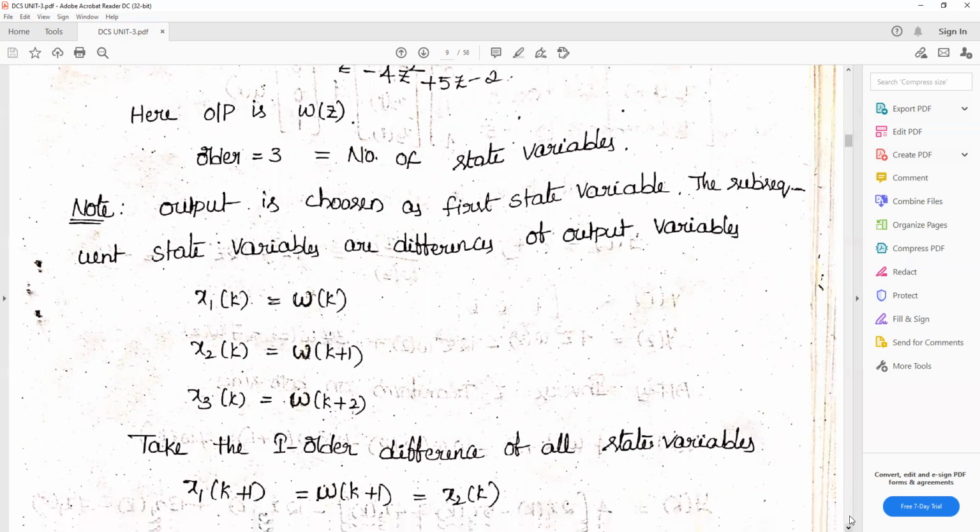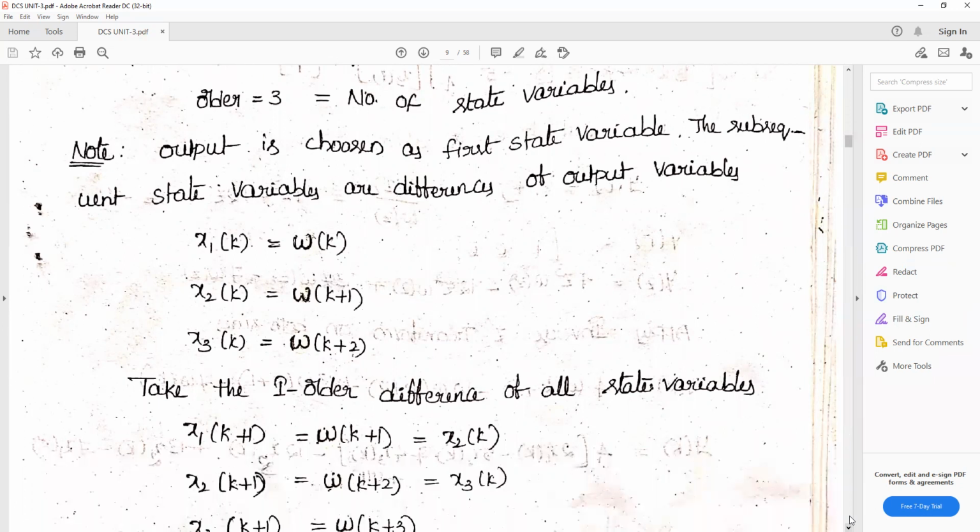First, take the first order difference of all state variables. So k plus 1 is x2, k plus 2 is x3, k plus 3 is x4, k plus 4 is x5.